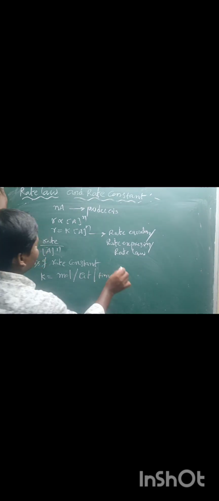Units of rate constant: K is equal to rate of reaction, units mole per liter per second, divided by concentration of reactant, mole per liter power n.